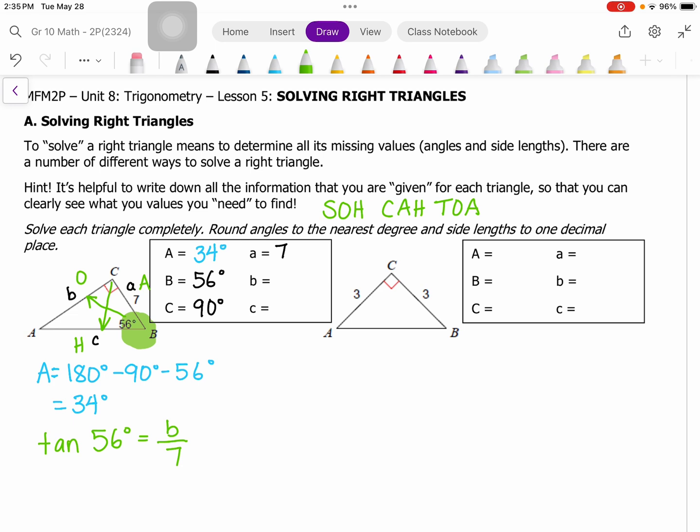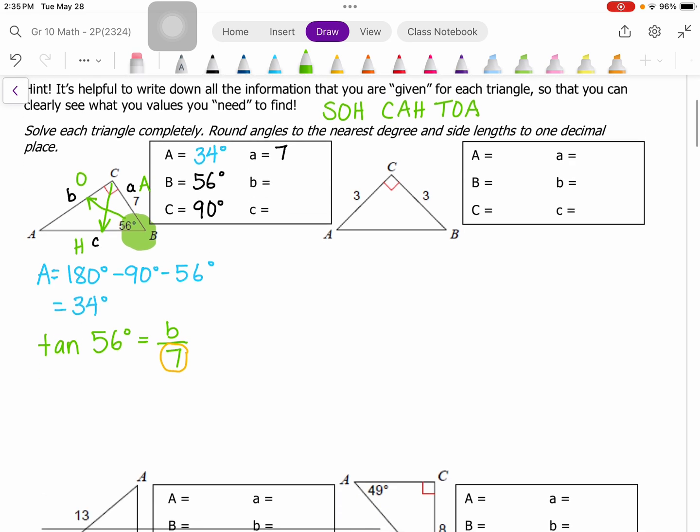So now I just need to move this 7. It's a division by 7, so the opposite of dividing by 7 is to multiply by 7. So 7 times the tan of 56 degrees is equal to side length b. And when we calculate that, 10.4 is equal to side length b. And then we'll fill that in over here just to keep track.